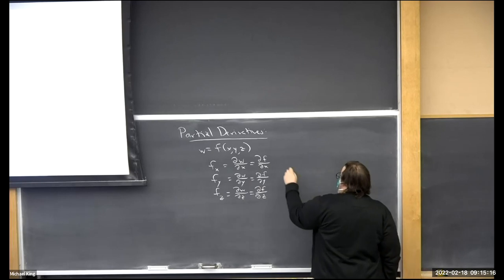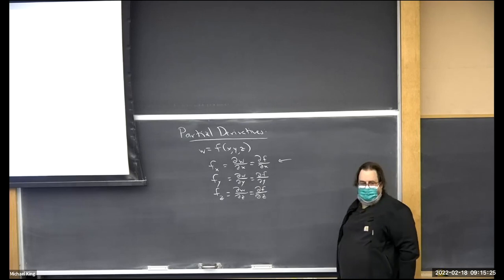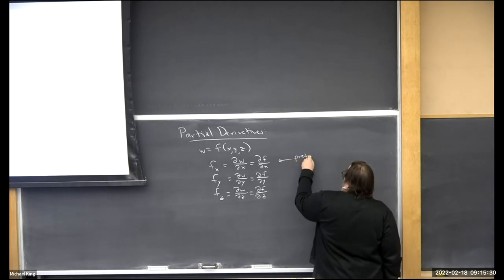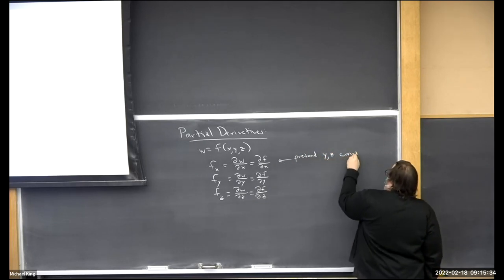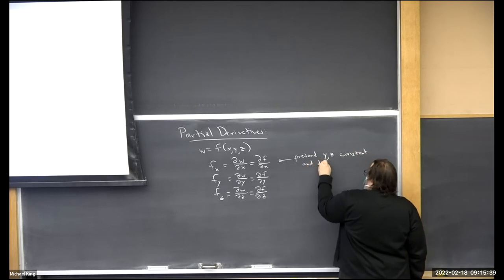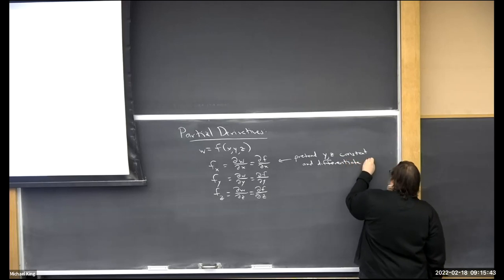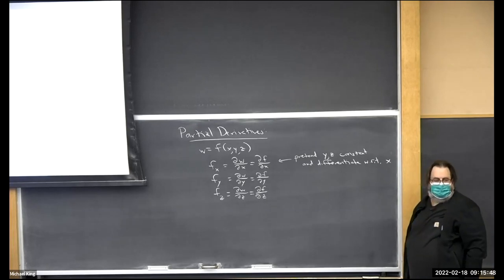And the idea is you pretend, here now we'd have 3 variables, I'll do an example in a second, but you pretend y and z are constants and differentiate with respect to x, right? Pretend y and z constant and differentiate with respect to x. And I use WRT for with respect to.